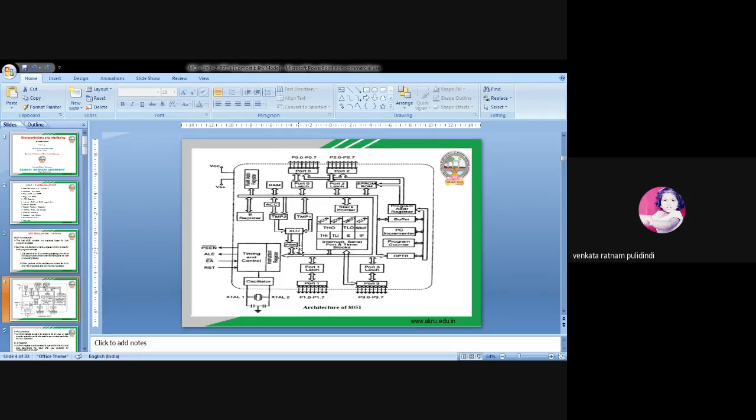So the program status word indicates the status of the result, whether a carry is present or not, while performing arithmetic and logic operations, and sometimes overflow.